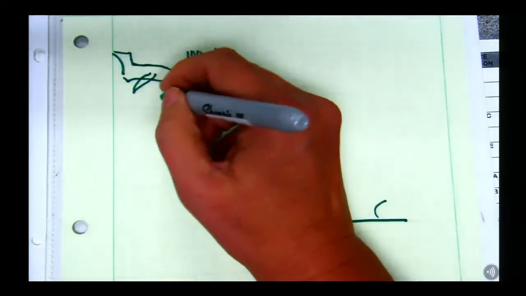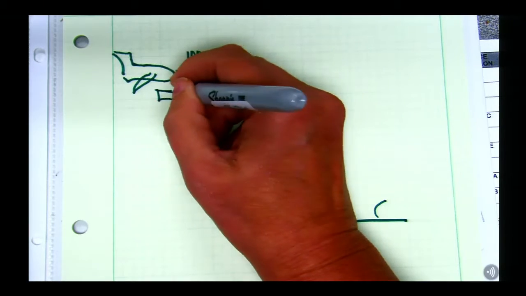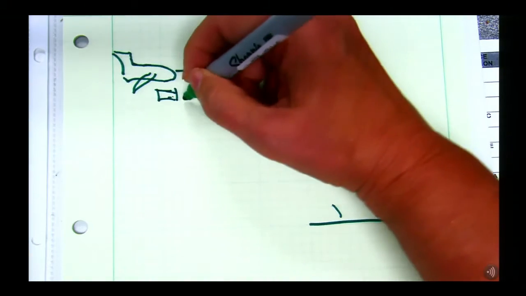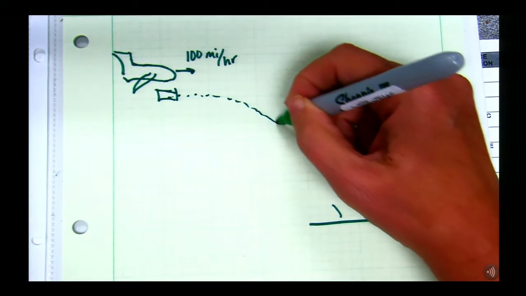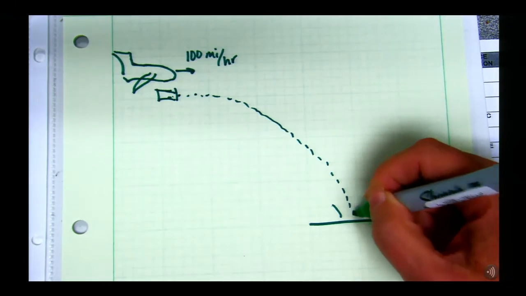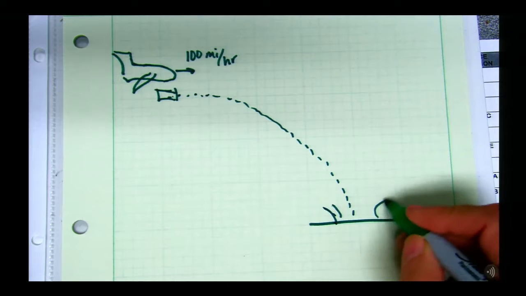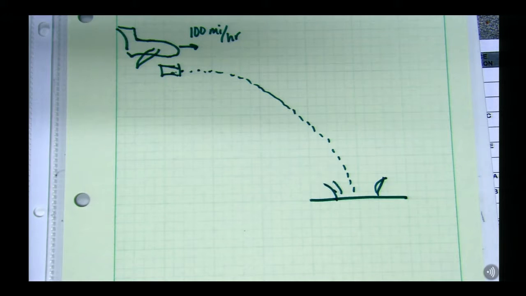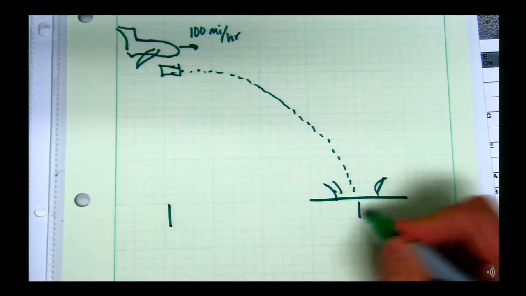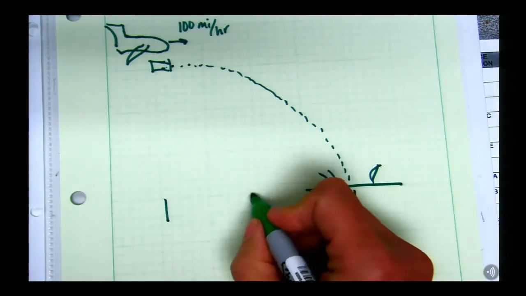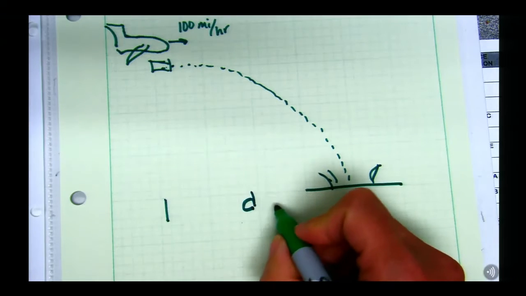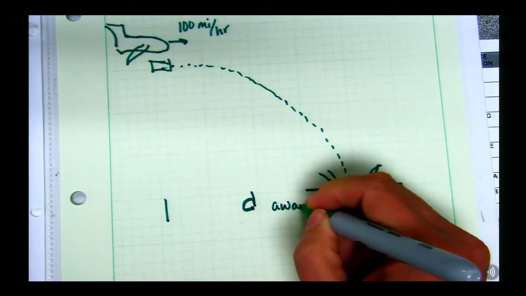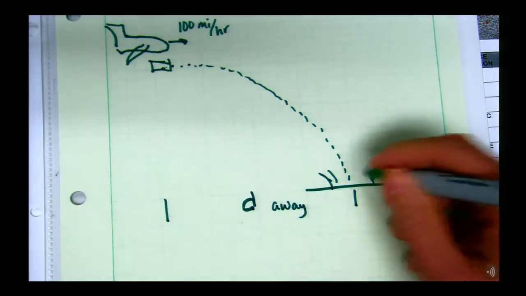It's going to drop a package. So our package is going to travel like this. It's like we're on the island and we're getting our care package. We want to know the distance away that he has to drop the package in order for the package to hit the target.